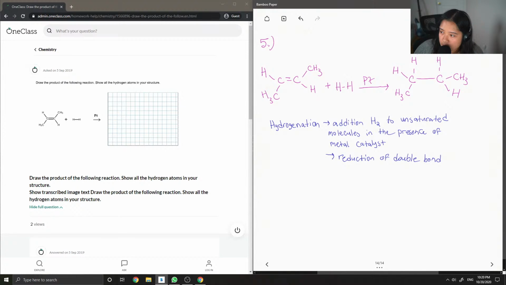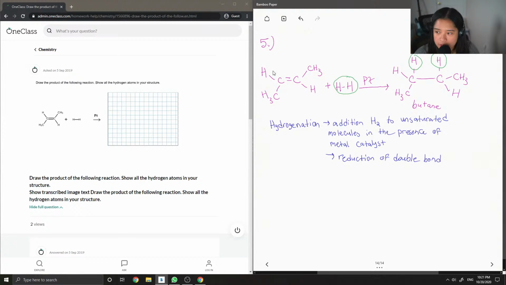Okay, so you can see that these two new hydrogens were added from here. We have the double bond that is now a single bond, and we ended up with butane as our final product.